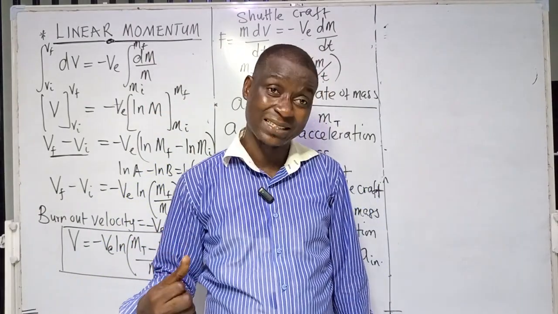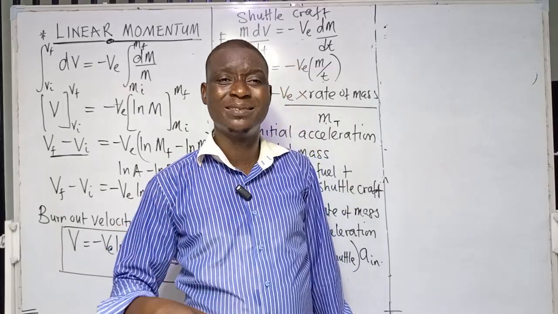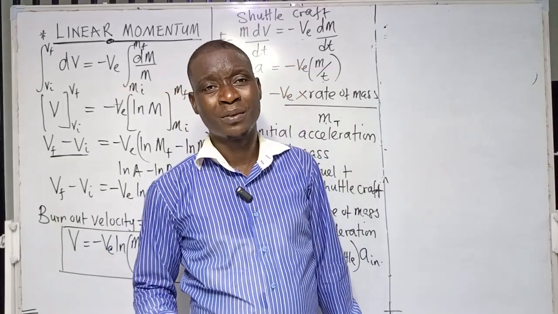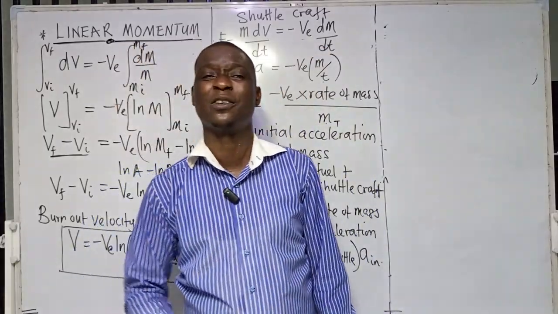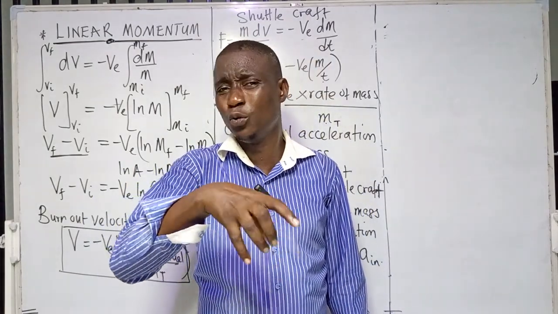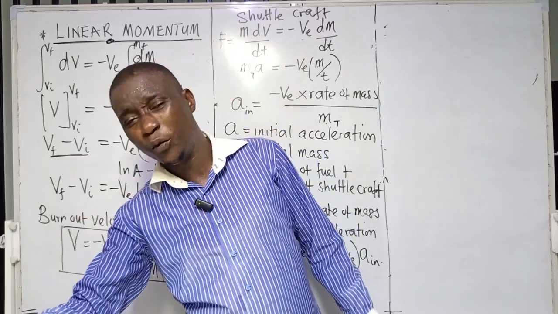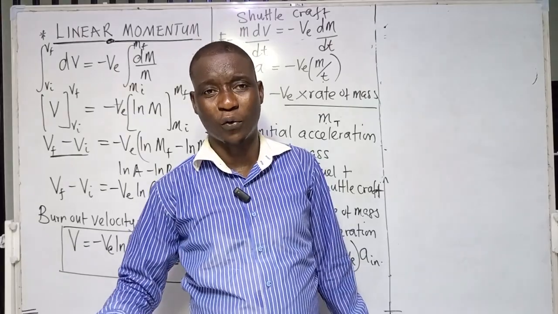We are going to look at collision in the next part B of this particular video. Now, what about the internal forces? Internal forces do not violate the law of conservation of momentum. Why? Because internal forces produce equal and opposite magnitude of force.